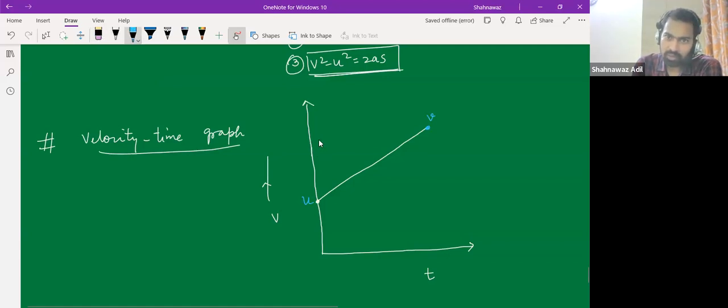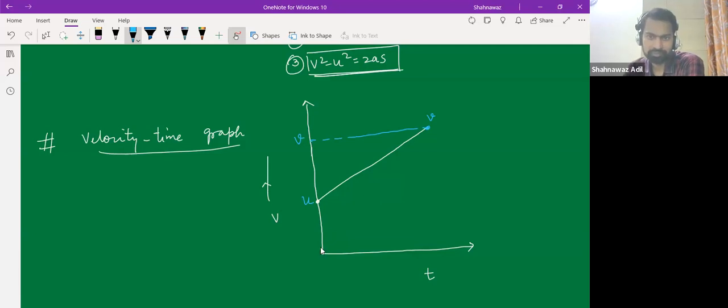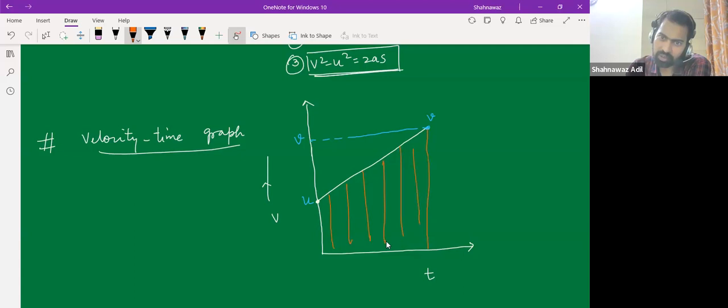This was understood. This was the graph that we were drawing. I said that area under this graph was the what?